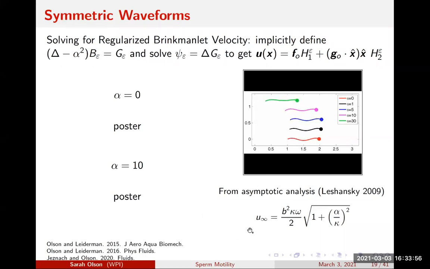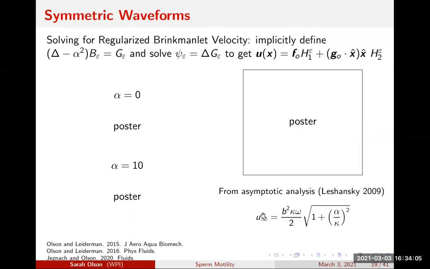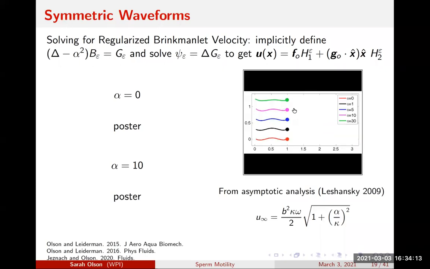What's interesting is that there was some asymptotic analysis done for a 2D infinite sheet to say that the swimming velocity should basically be an increasing function of alpha. But what we observe, because we're in finite length, and basically this amplitude B as we go up in this alpha resistance parameter, we don't really achieve a larger amplitude, we achieve a smaller amplitude.